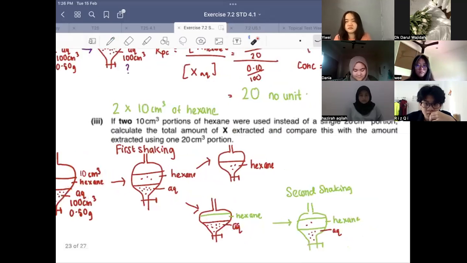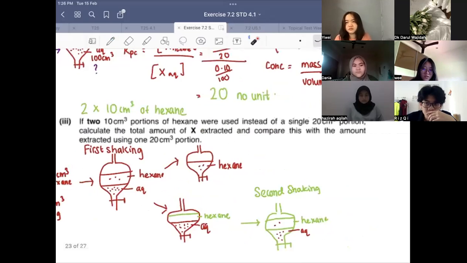So what they want you to do is to compare the amount of X extracted. Now, this part number 3, it doesn't say the amount of X extracted in which layer. Is it in the aqueous layer or in the hexane layer?